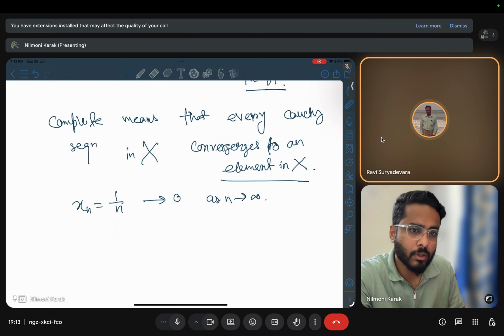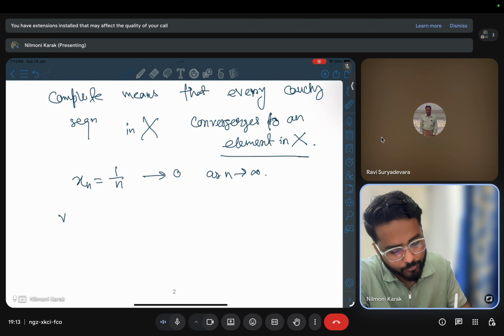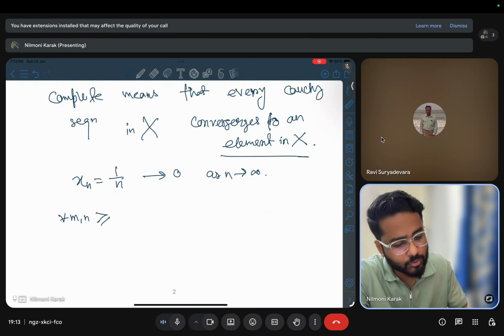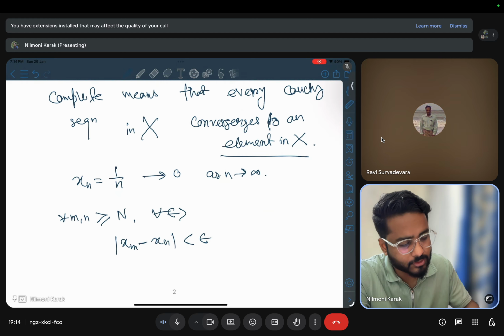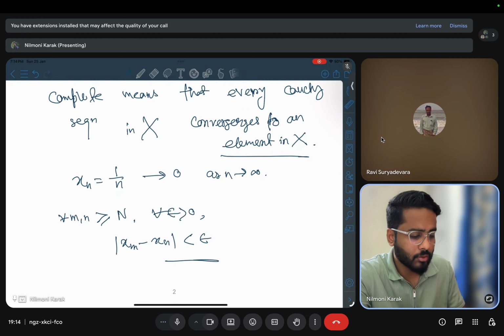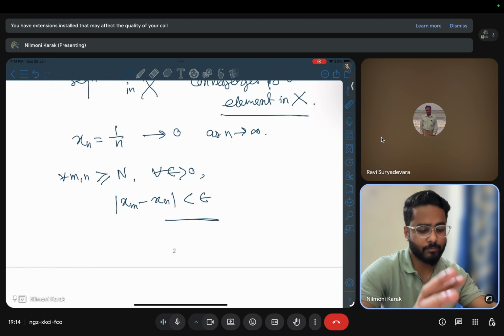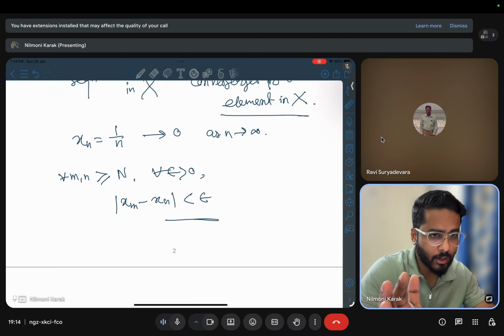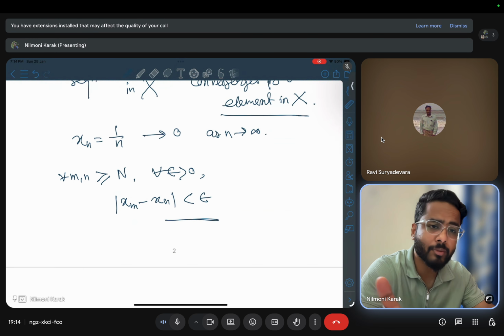Cauchy means for every epsilon greater than 0, after a certain stage, capital N, if you take any two elements xm and xn, the difference should always be less than epsilon.